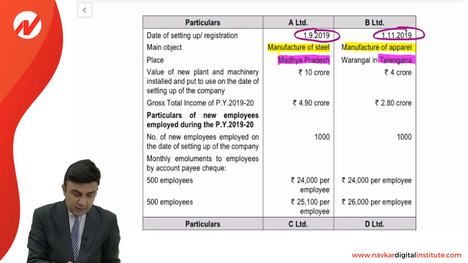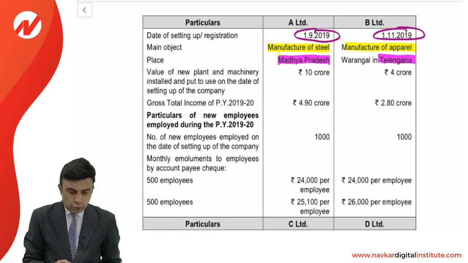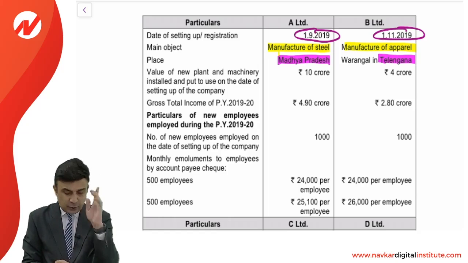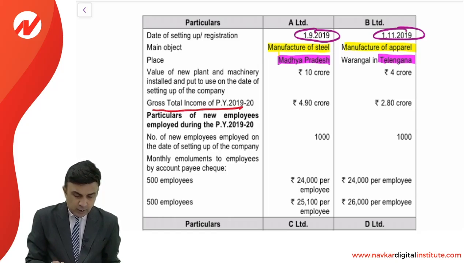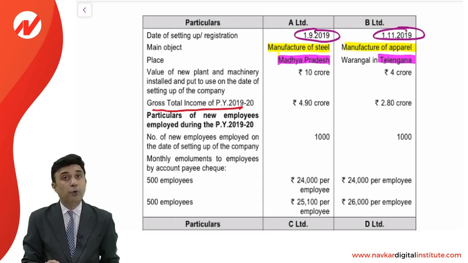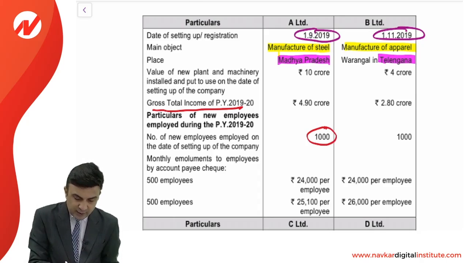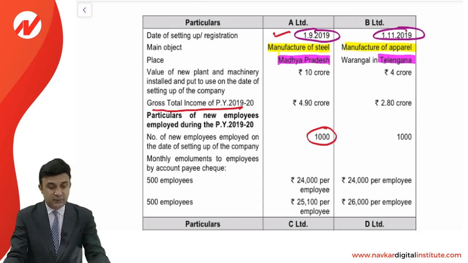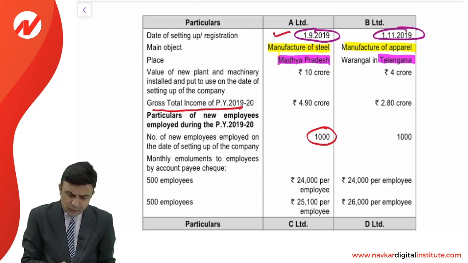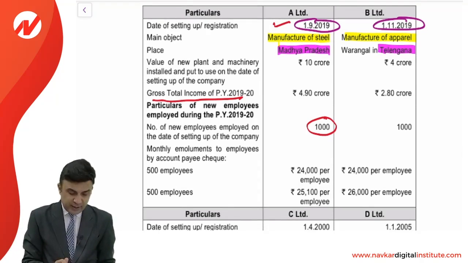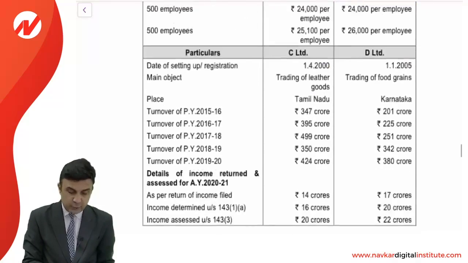Your plant and machinery value is given, gross total income for PY 19-20 is given, particulars of the new employees employed during the year 19-20 are given, and you are also given the number of employees employed on the date of setting up of the company, that is 1000 employees employed on 1st September 19 itself, and out of these 1500 employees are getting a salary of 24,000, 500 are getting a salary of 25,100 rupees.